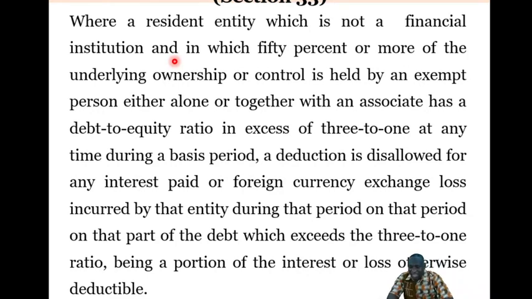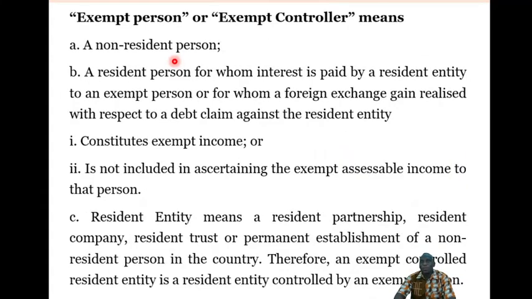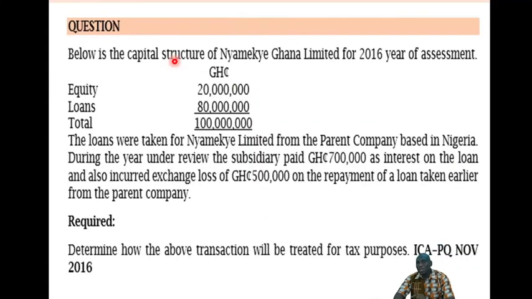Very, very interesting. And I wish when you get a question, you should always massacre it. Okay. So let's go and use an illustration to buttress what I've just said. This, for example, I think came as a past question, November 2016. Below is a capital structure of Nyamiche Ghana Limited for the 2016 year of assessment.